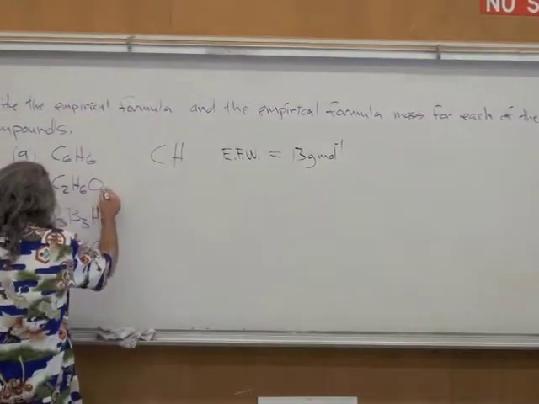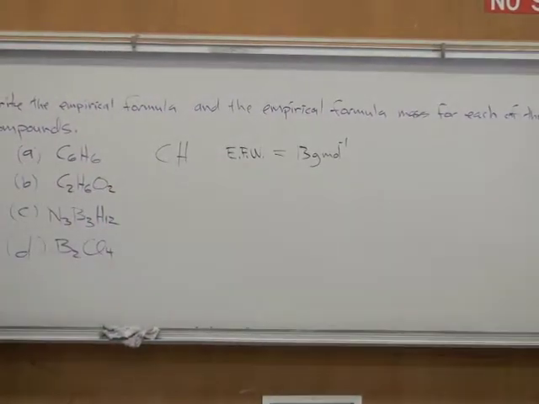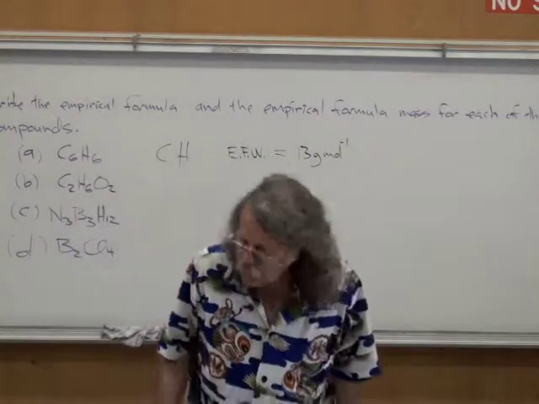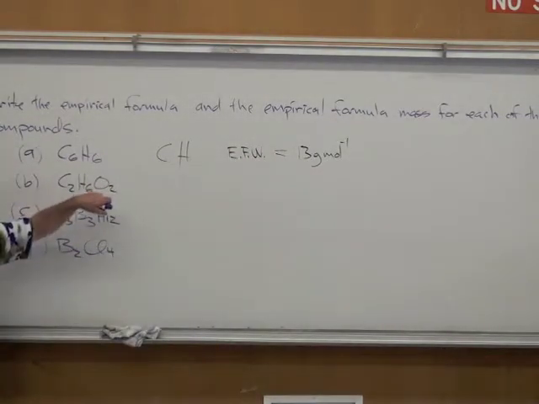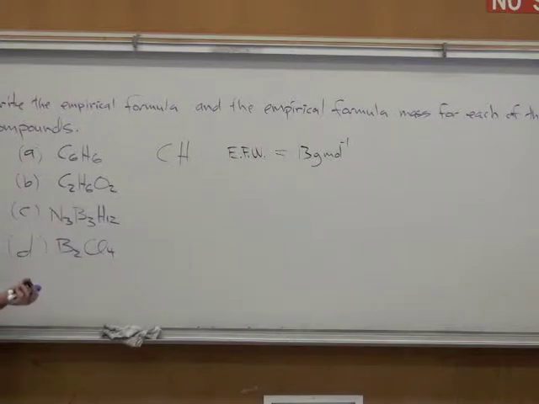And this was, I misprinted that. That's supposed to be a 2 there, isn't it? Yes. Okay. So I have C2H6O2. So again, what do I do? What's the lowest common denominator? 2.